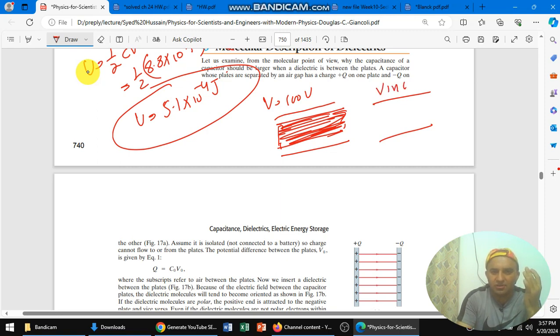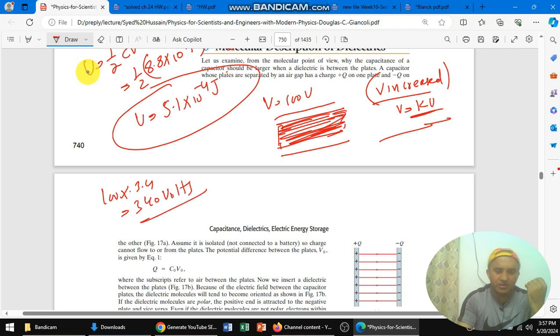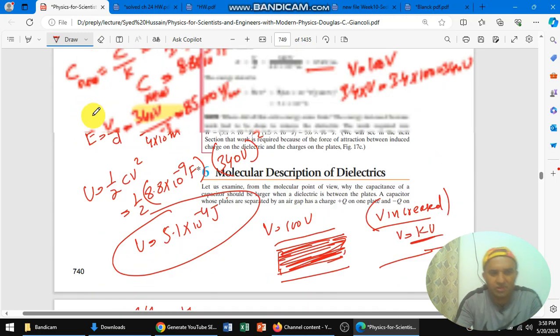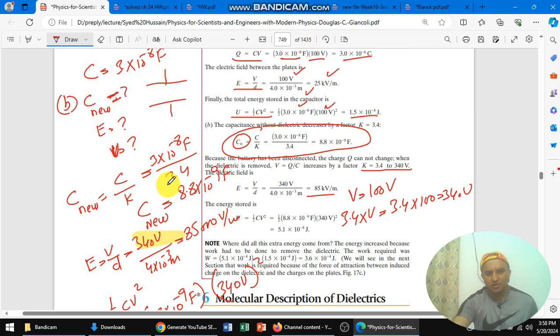So the voltage V increases K times. If we multiply 100 by 3.4, this will give us 340 volts. So the new potential is 340 volts. That's why we use 340 instead of 100 volt here.